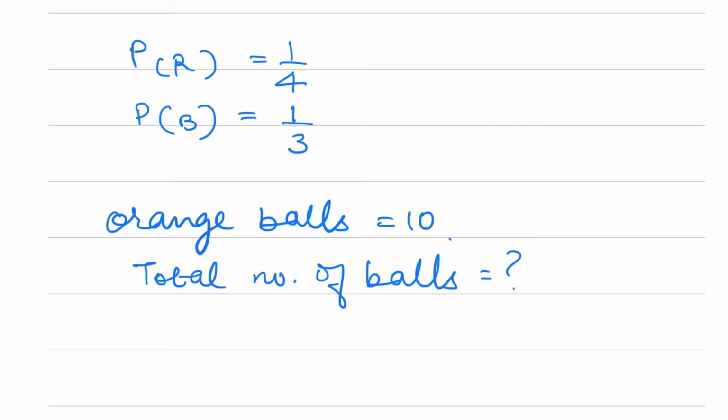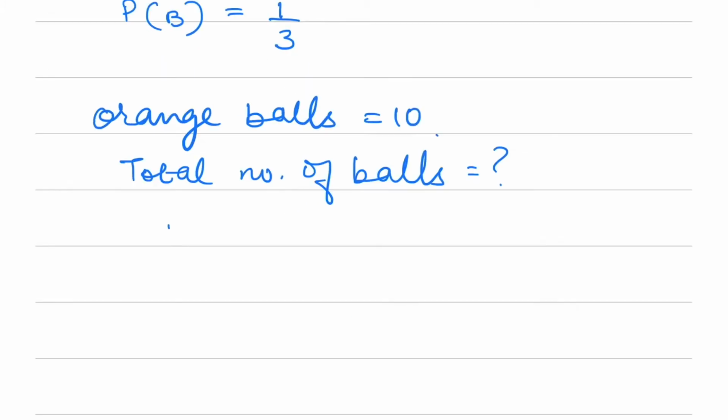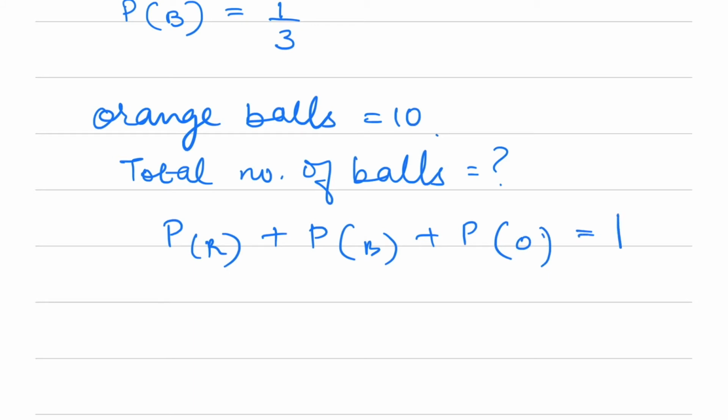And we already know the sum of all the probabilities. Probability of red ball plus probability of blue ball plus probability of getting an orange ball will be equal to 1. So we have probability of red ball is 1/4 plus 1/3 plus probability of getting an orange ball is equal to 1.